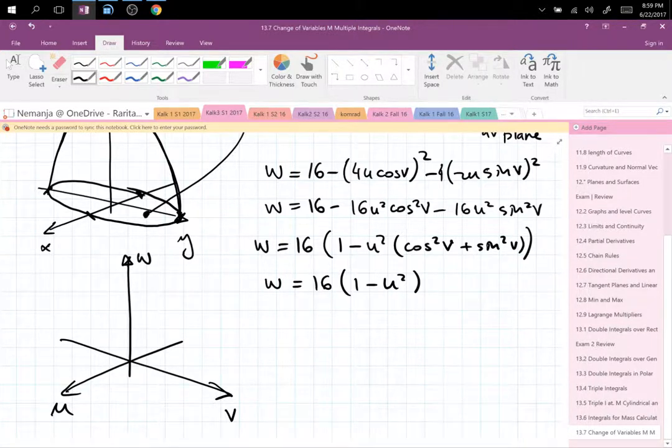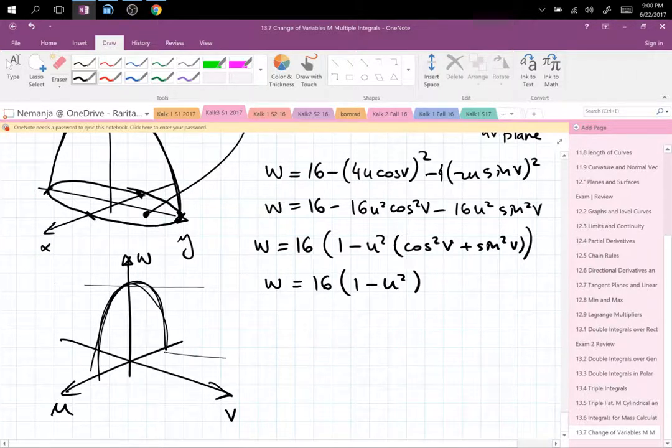So that's how it looks. We are going to draw a parabola like this, but then that parabola just goes forward. It's parabolas everywhere like that, going forward. So it's like a tunnel all the way up to 16.